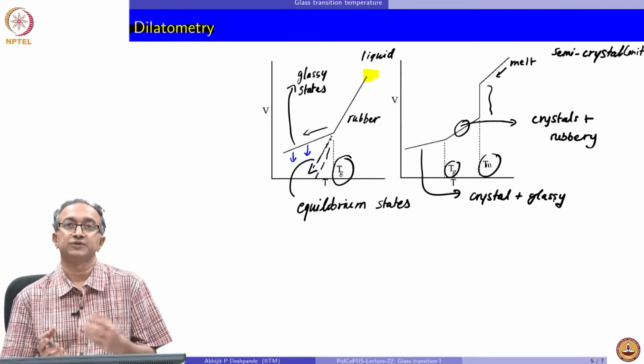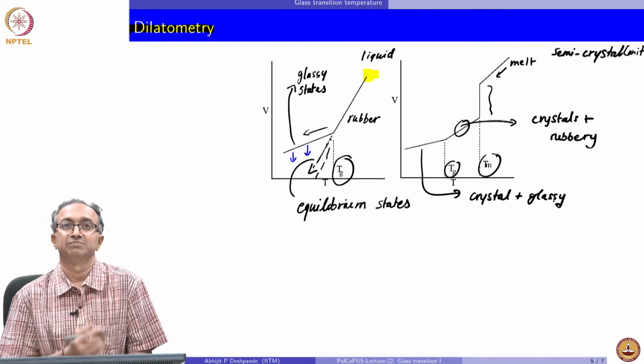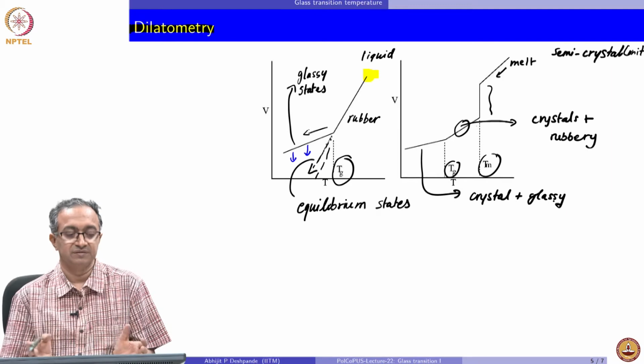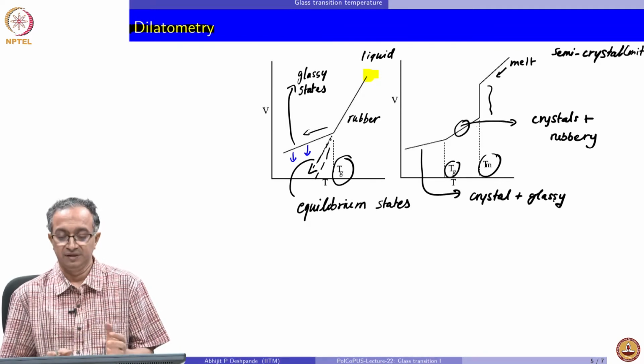And melt, of course, neither crystal nor glassy state exists, it is just one random set of macromolecules.